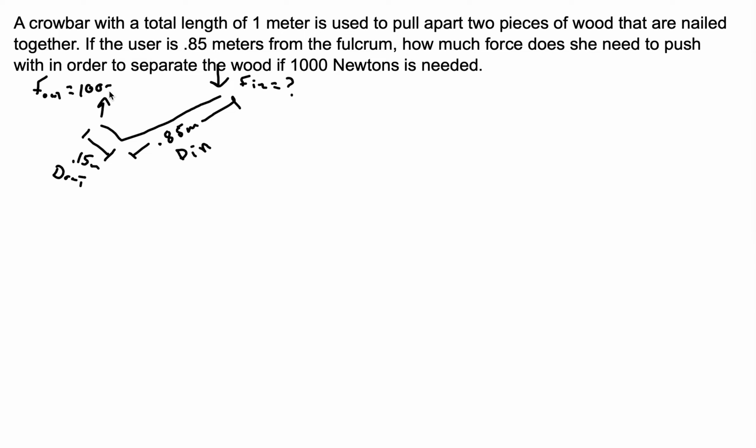I need 1,000 newtons of force. Now, if they don't tell you that there's friction, you guys, you assume that there's no friction. And if there's no friction at all, the work in is going to be equal to the work out, which means that the input force times the input distance is going to be equal to the output force times the output distance.